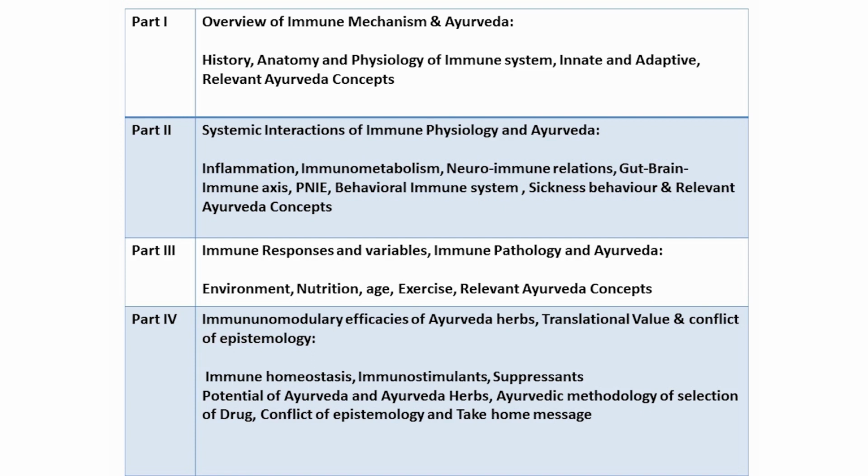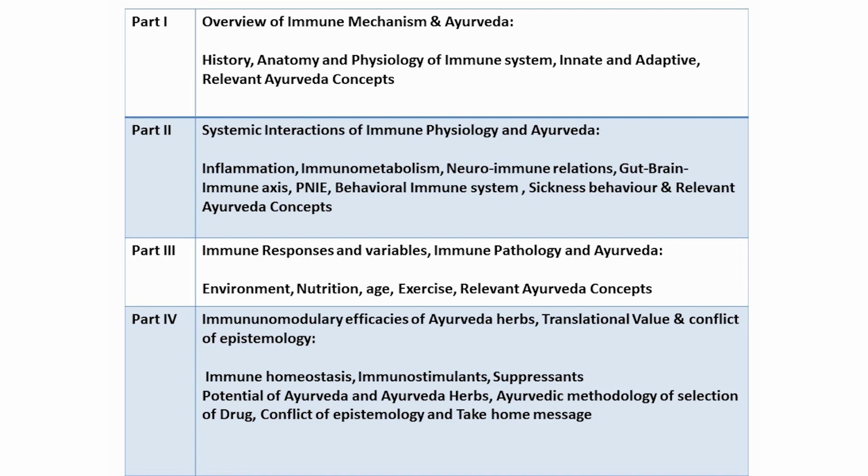We will try to understand inflammation, immunometabolism, the interface between immunity and metabolism, neuroimmune relations, the gut-brain immune axis, what PNI or PNEI, psycho-neuro-endocrino-immunology, is and why modern scientists needed to put them all together, the behavioral immune mechanism, and the term sickness behavior. This is how immune physiology is associated with the rest of the body systems, and we will see the Ayurvedic interpretation in part 2.